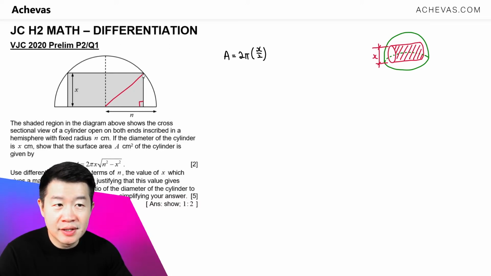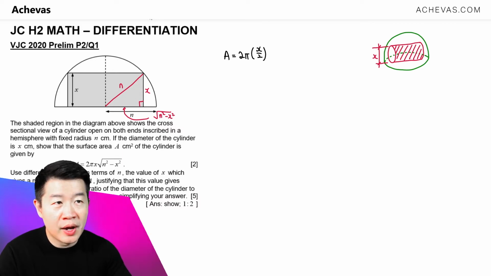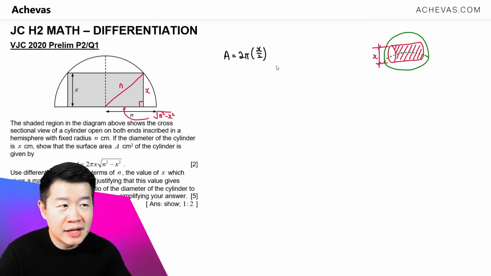I know this is the radius of the hemisphere, which is given to me as n, and I know this is x. By making use of the Pythagoras theorem, this is going to be the square root of n squared minus x squared. So the height is going to be 2 times the square root of n squared minus x squared.